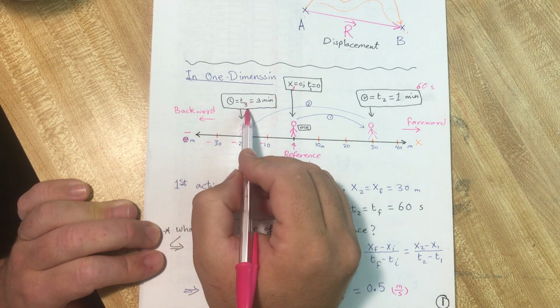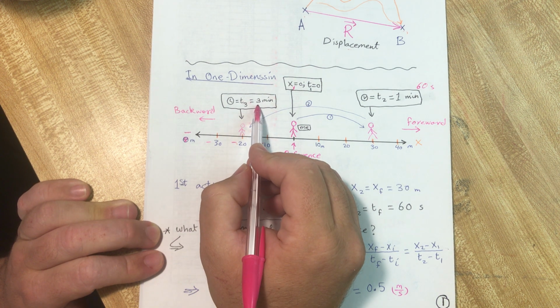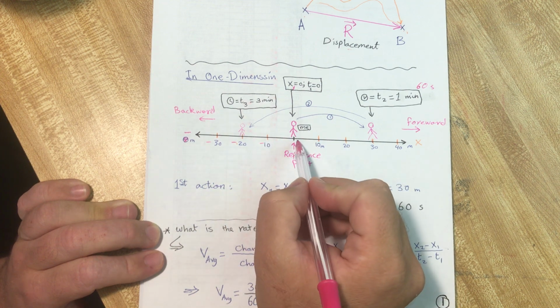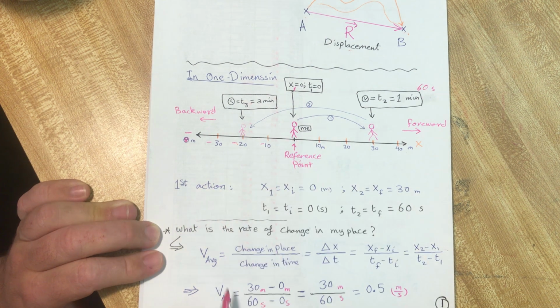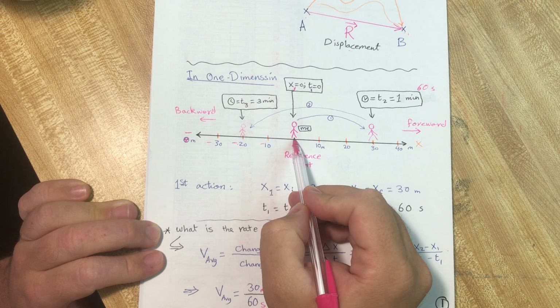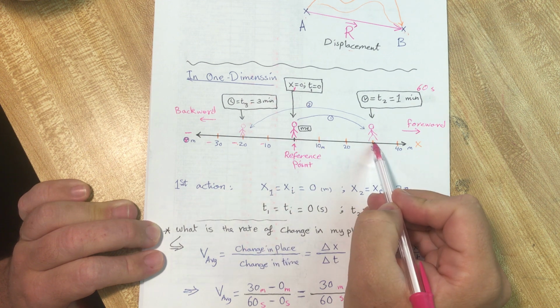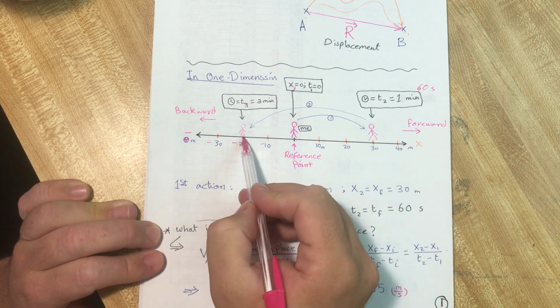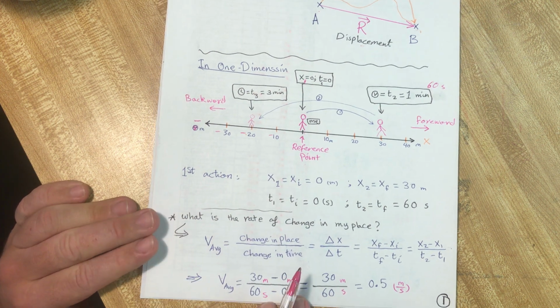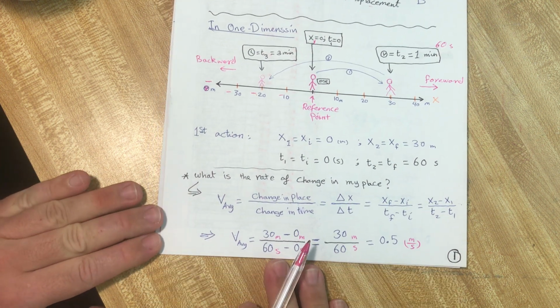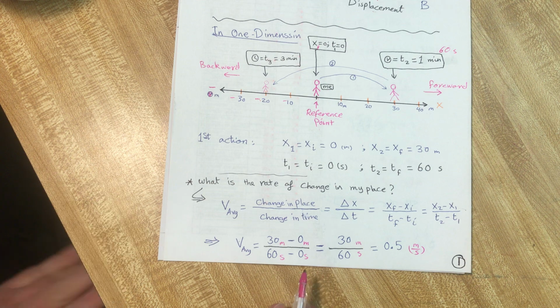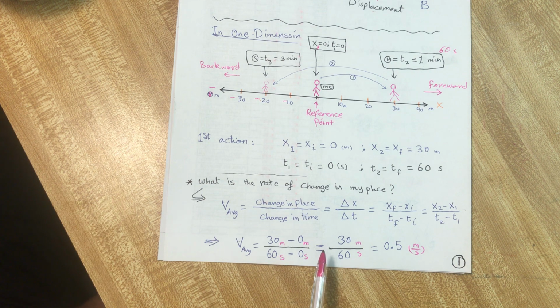And when I measure the time, it was 3 minutes starting from the initial point. So I was at t equal 0, t equal 1 minute, t equal 3 minutes. Okay. We need now to calculate something known as the change in place, or the rate of change in place.